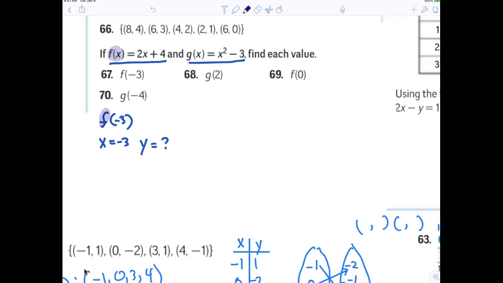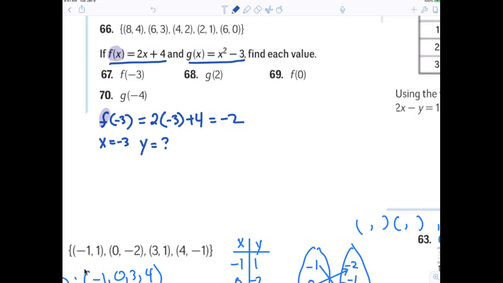So now this equals 2 times negative 3 plus 4. What's 2 times negative 3 plus 4? Negative 2. Good. So f of negative 3 is equal to negative 2. Does that make sense?